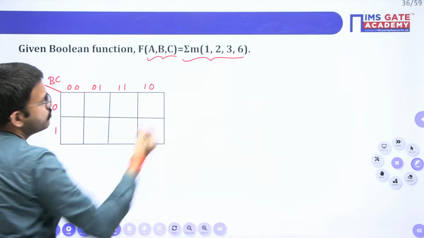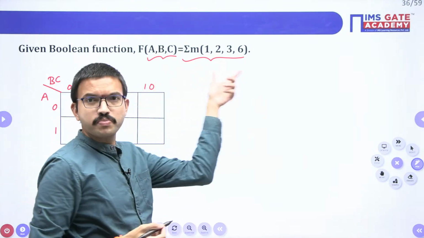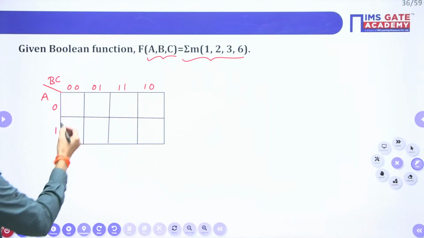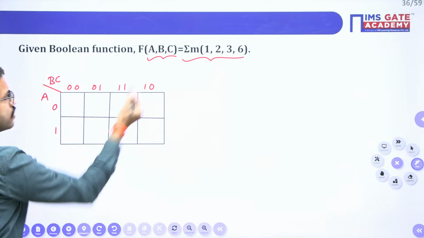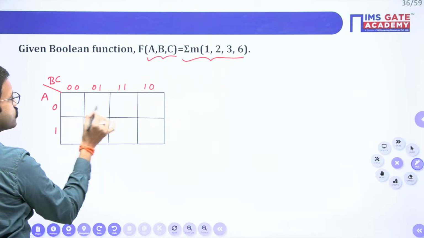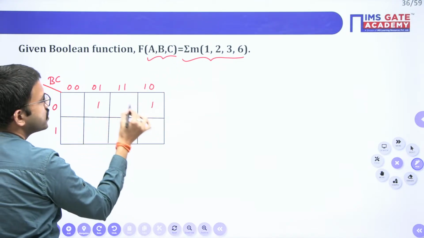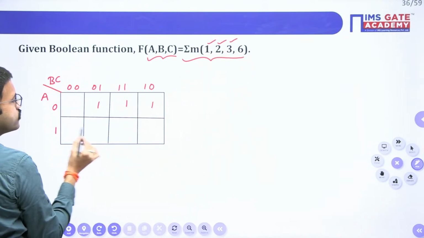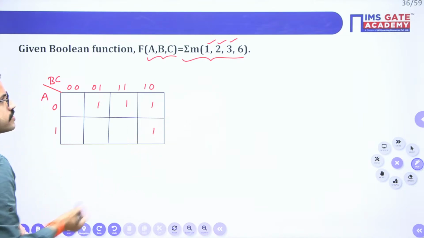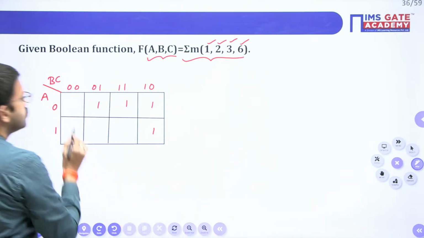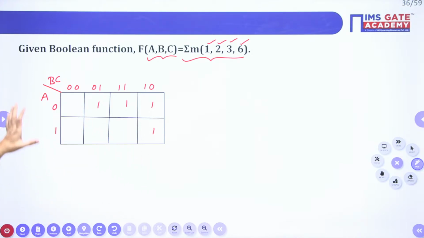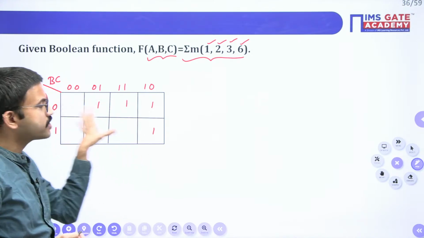So whenever they give function in terms of sum of minterms, the first step is you have to place the respective ones in the minterm positions. So 0, 1, 2, 3, 4, 5, 6, 7. I know all of you know how to place the ones in the respective minterm positions.